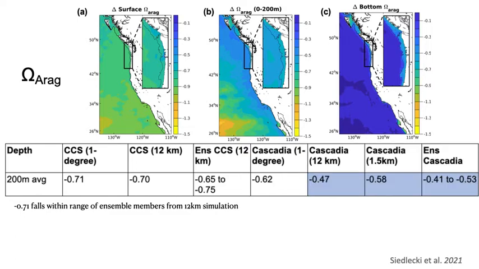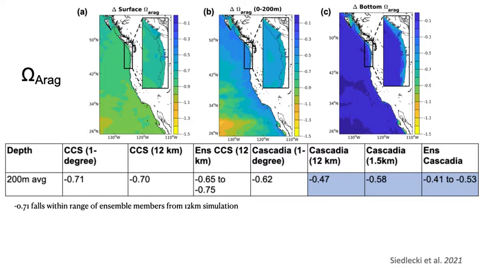However, we move to the northern region, which is the Cascadia region here, and we compare again what the 1 degree or CMIP5 simulations would project to the ensemble of the Cascadia downscaled simulations.